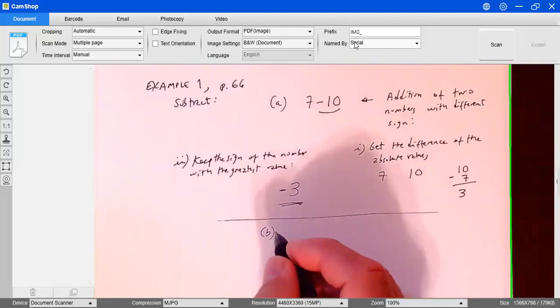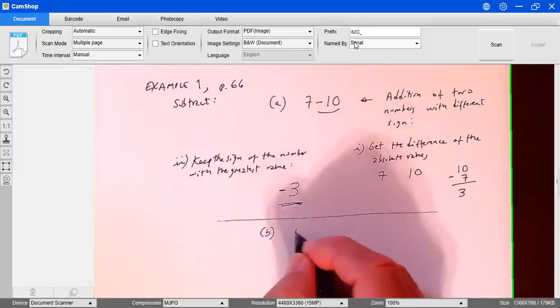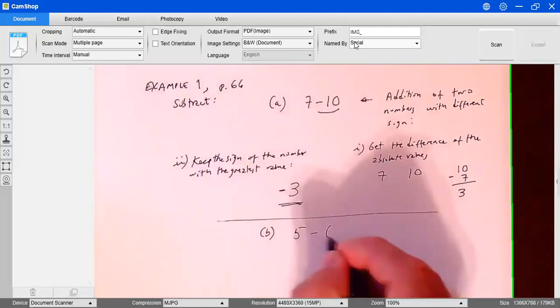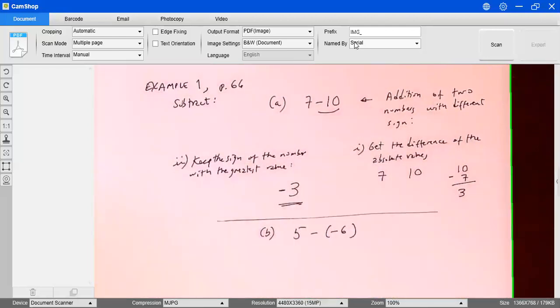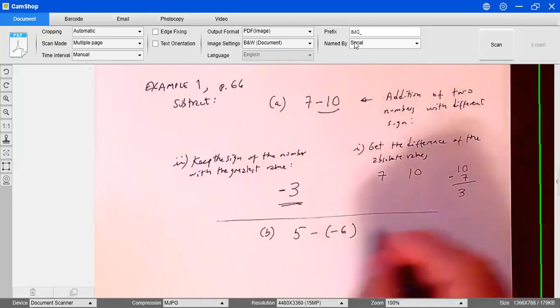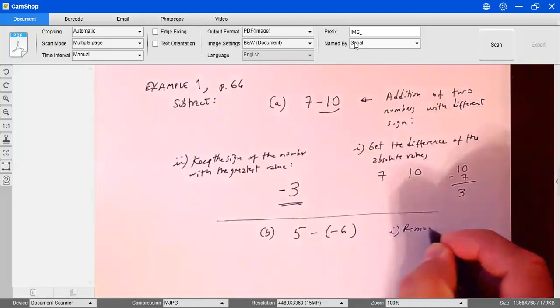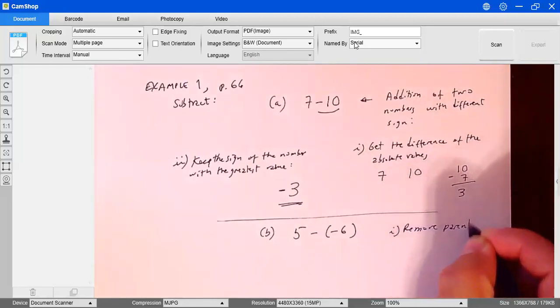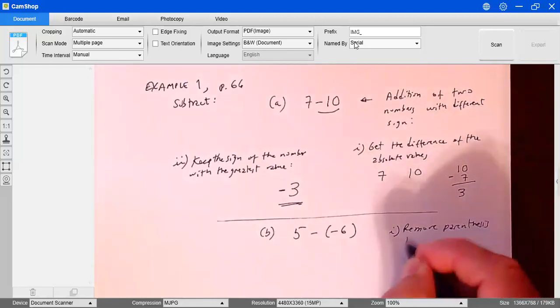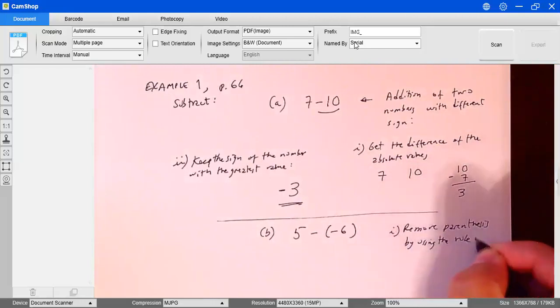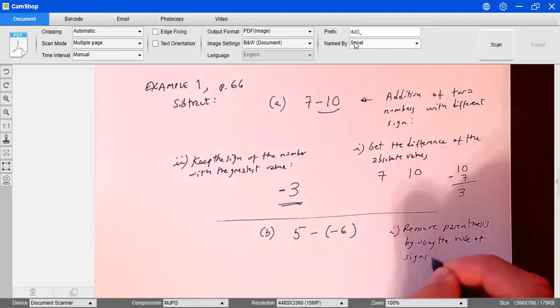Now part B, we have 5 minus 6. Again, we're going to proceed as we did before. We need to remove parentheses by using the rule of signs.